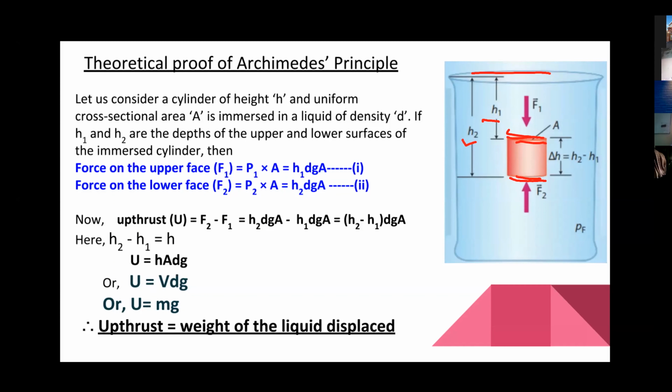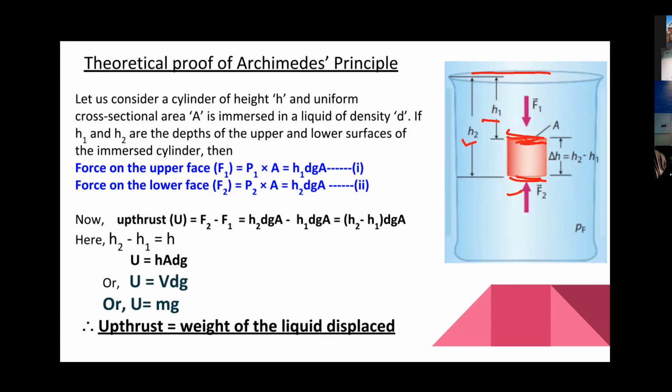The real height of the body is H, but the heights of the liquid column at different faces of the body are H1 and H2 at the upper and lower faces respectively. You understand? Because we are going to see how much pressure is exerted on the upper face and the lower face, we have taken the height of the liquid column up to the upper face, H1, and up to the lower face, H2.